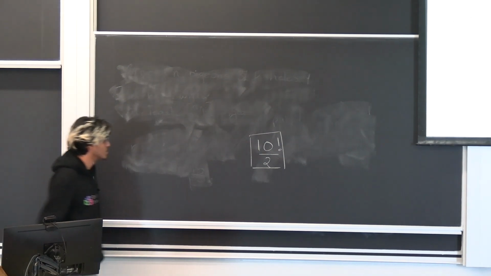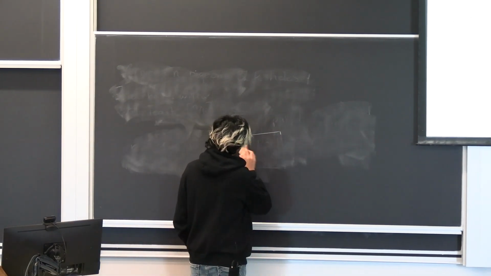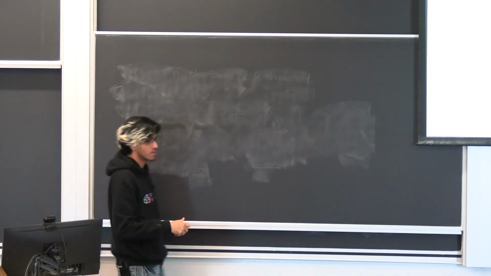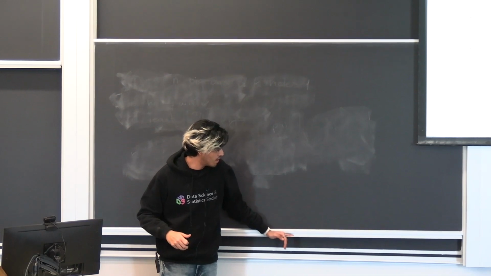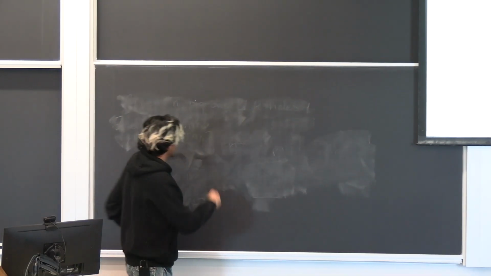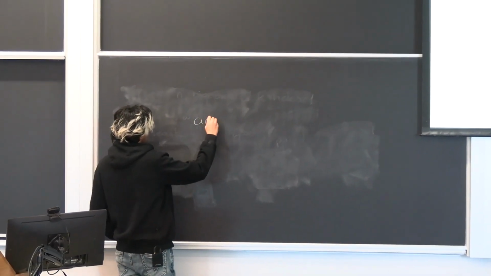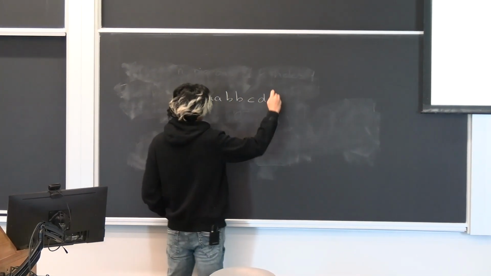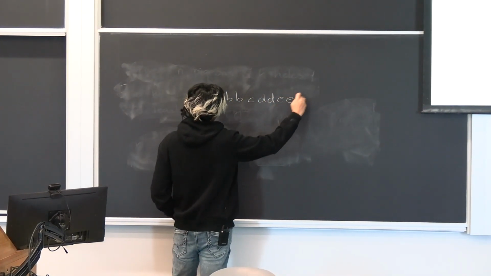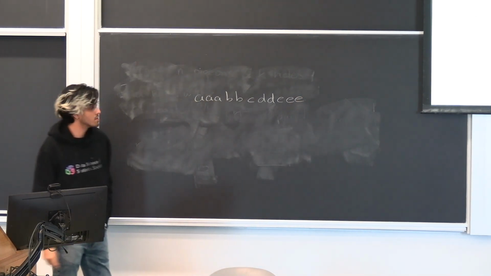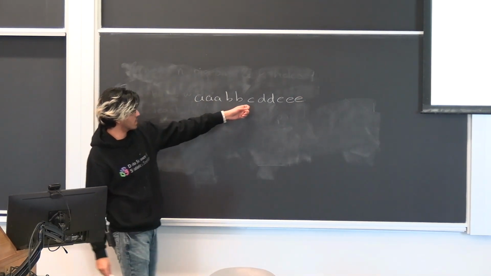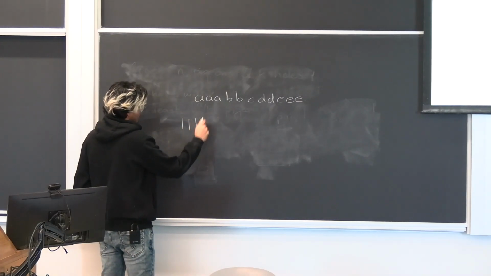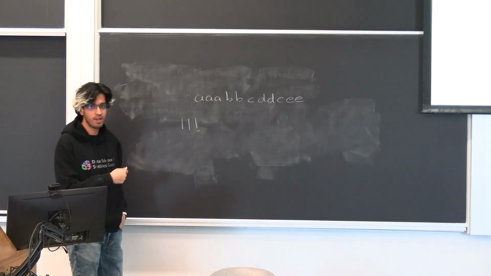Sure. We could do that. So this would be permutation with repeated items. So let's say you have something like this: AAA, BB, C, DD, EE. Right? So there's 3 plus 2 plus 1, that's 6, plus 5, 11. If all of them were unique, you'd just have 11 factorial.